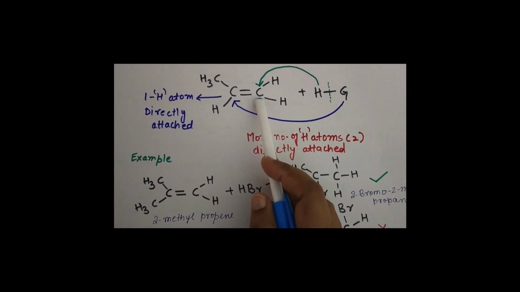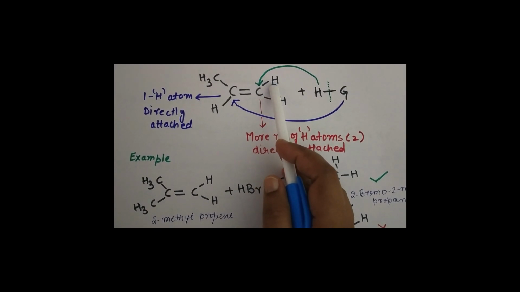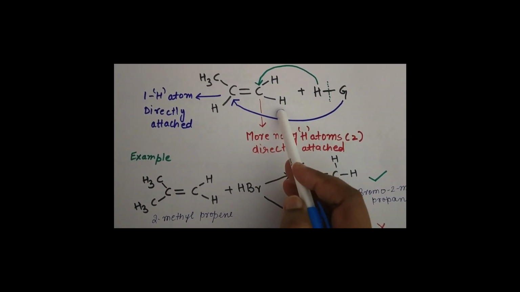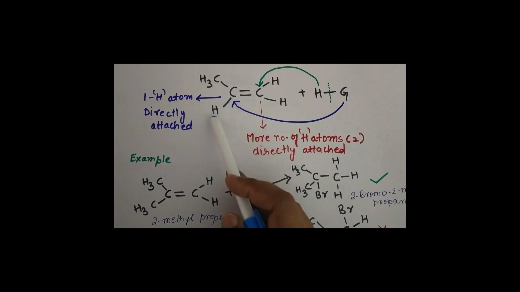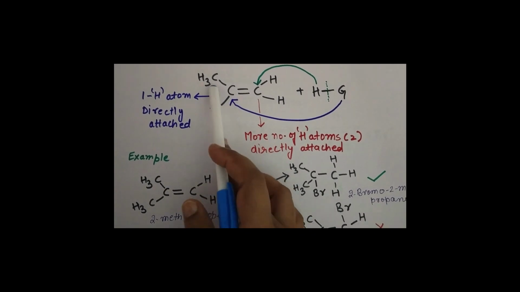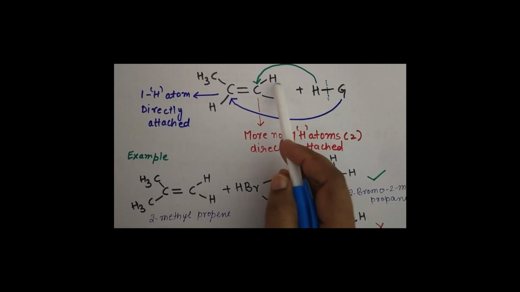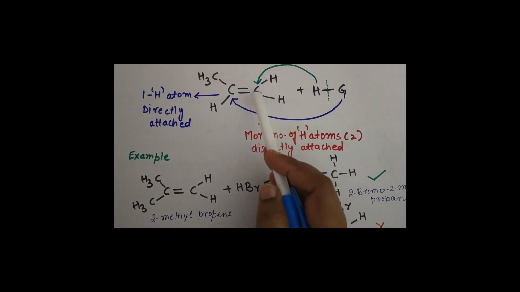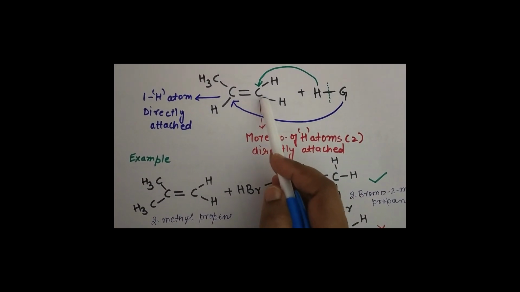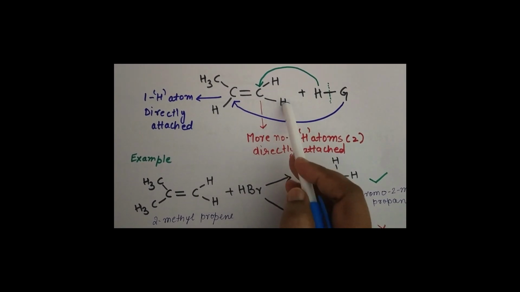attached to it. So here you can see this carbon has two hydrogens, 1 and 2, while the second carbon has one hydrogen and one alkyl group. So if we see the total number of hydrogens directly attached to the carbon, this carbon will have the maximum number of hydrogen.